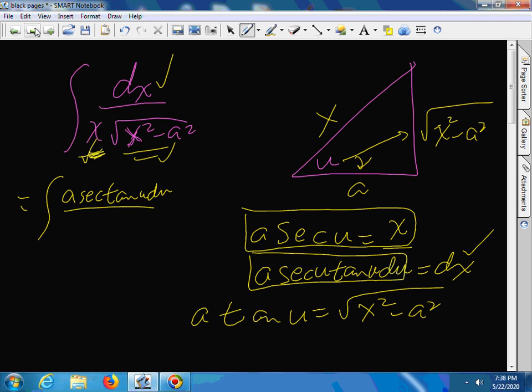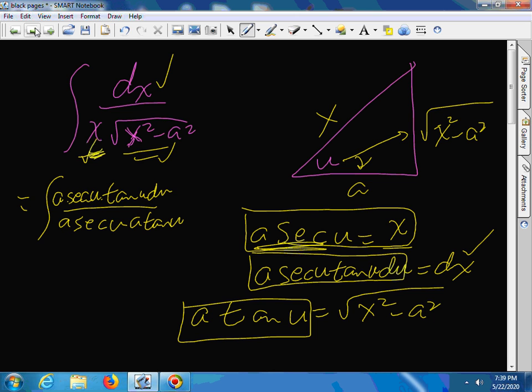X is in the bottom. X is a secant u. Let me fix the top. I didn't put the angle u in. A secant u, and the square root stuff is a tangent u.